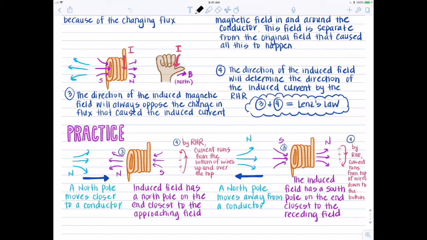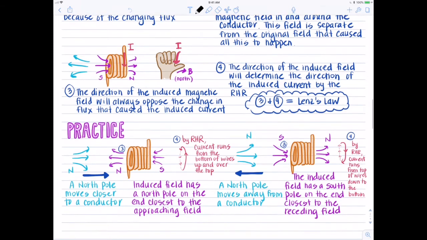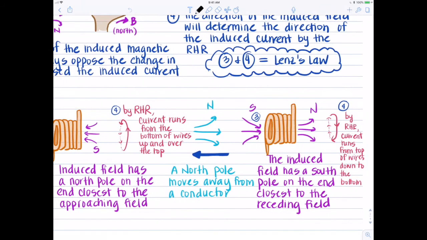Okay, let's do another practice. Just next to that image, we see a north pole, but now it's moving away from the conductor. So if you were the coils, what you would sense is a change in flux where it is a north pole and it's getting weaker. It's receding.